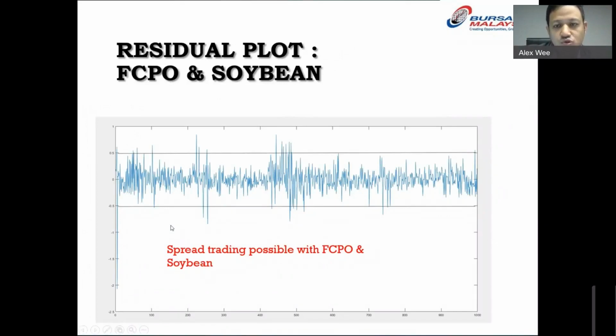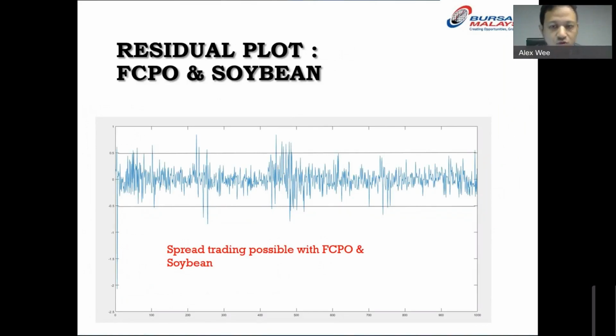That should be the pair to choose for spread trading, because when spread traders want to do a spread with FCPO, instead of a calendar spread, they want to do an intermarket spread. They will be deciding between soybean, soy oil, soya meal, or those Dalian exchange yellow bean and oil products, which are also somehow correlated with FCPO.